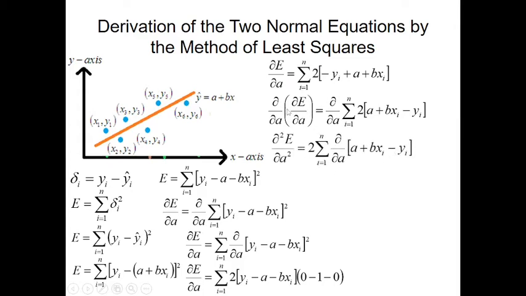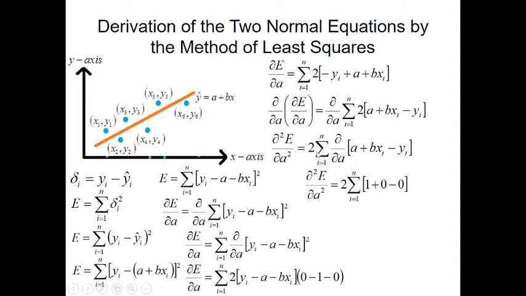No? So, we take the derivative of, again with respect to a of both sides. So, pag kinuha natin yung partial derivative with respect to a again, so del squared e over del a squared. Okay? So, del a squared equals 2 summation. Tapos yung derivative natin yung nasa loob, a plus b xi minus yi. Okay?